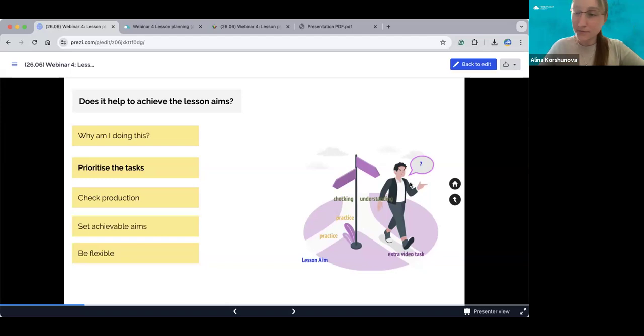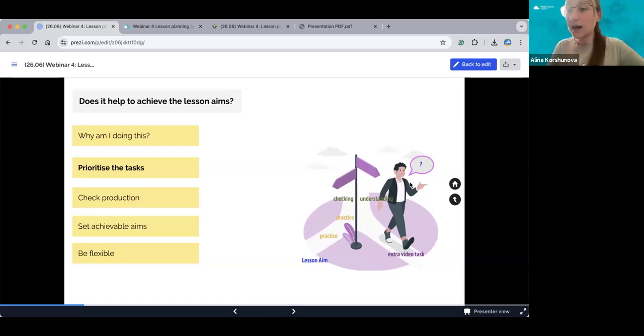Of course, check production. Whenever you start planning lessons, check the production task: what students will have to be able to do by the end of the lesson and what you will need to do in order to help them be able to do that, yes? So check the production. For example, by the end of the lesson, they should be able to talk about rules of something.